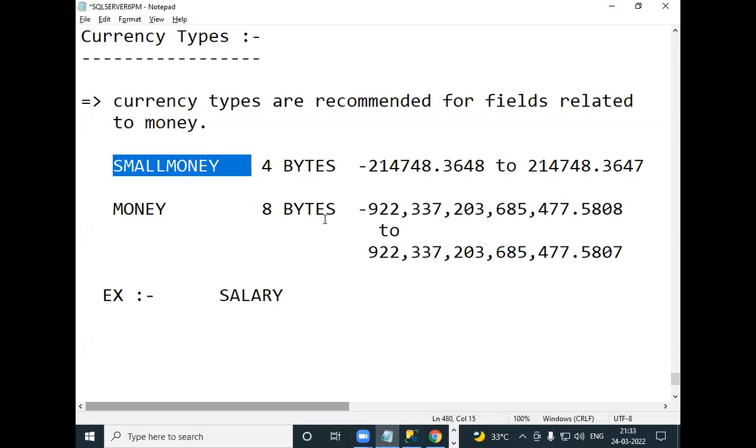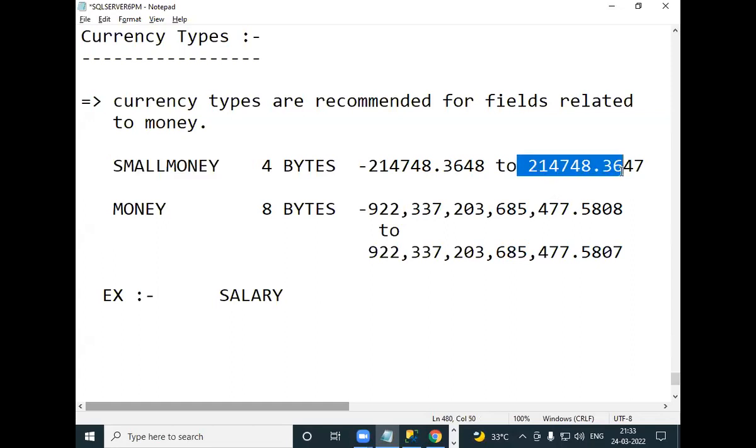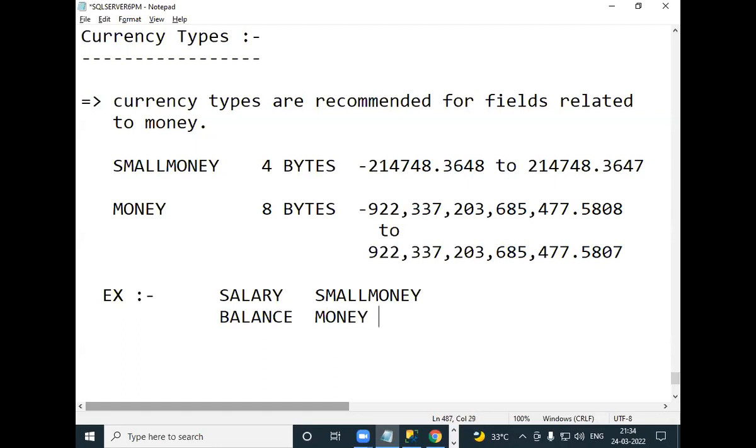Less than or equal to 2,14,000, use small money. Above 2,14,000, use money. Okay? Then suppose I'm using small money. Next one, bank balance. Balance is what? Money type. Understood?